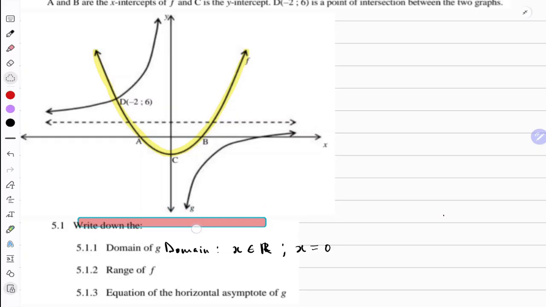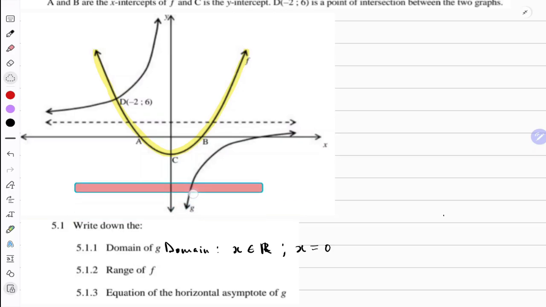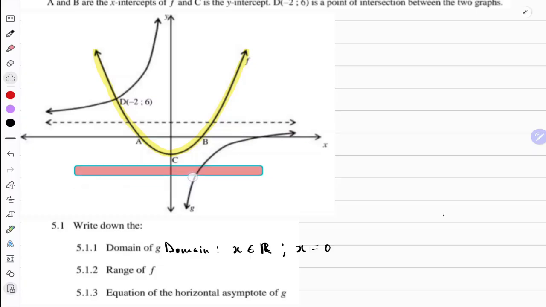So if you run the horizontal line along the y-axis from y is equal to negative infinity, if you go up towards y is equal to positive infinity, you see that the function starts existing at c.